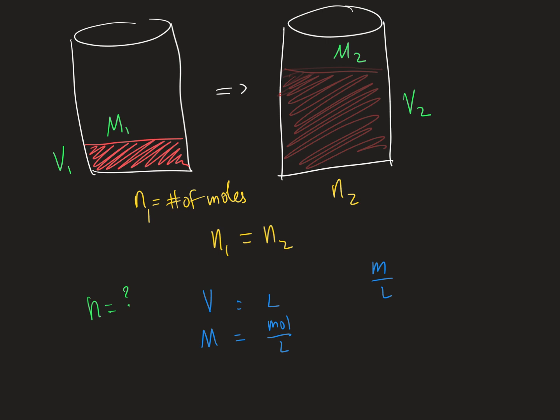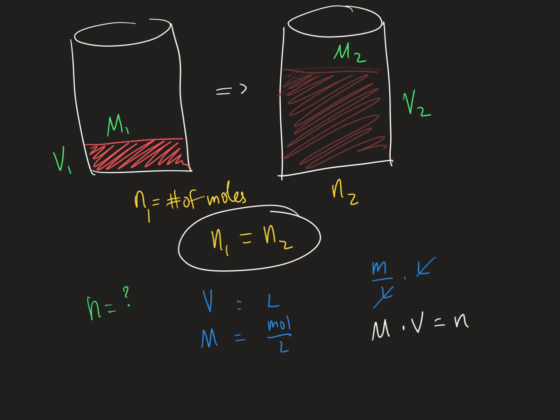So instead of dividing, if we multiply liters, just cross that out. We can see that the liters go away and we're left with moles. Does that make sense to everybody? So we can say that our molarity times our volume is going to give you the number of moles. Good? All right.